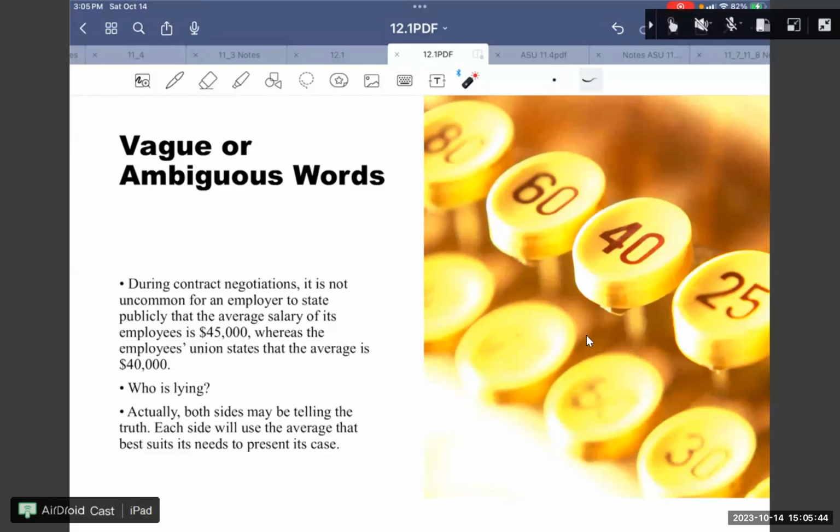The employees' union says the average is $40,000. Who is lying? So this one we can call mean or median. Let me type it out so it is easier for everybody to see.